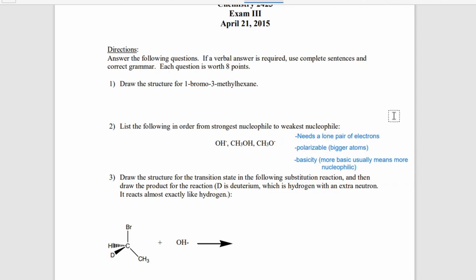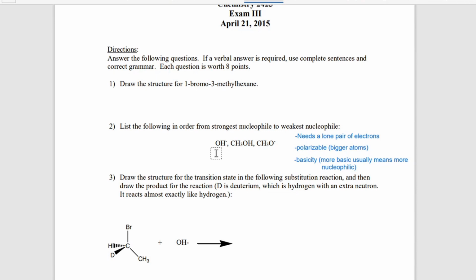Okay. So when you're looking at each one of these, the atom that is the nucleophilic atom is going to be oxygen in every case. So each of those oxygen atoms has approximately the same polarizability.